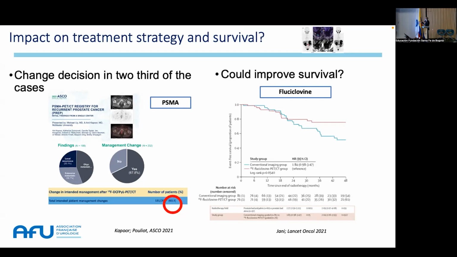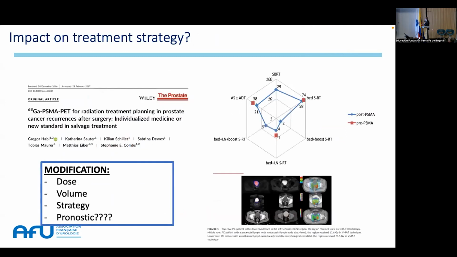Is there an improvement in terms of survival? Not for PET PSMA, but for fluciclovine, there is. It seems to have an impact in terms of survival when the patients were treated based on the result of this imaging and not on conventional imaging, and we'll see in the future if we have, again, an impact.